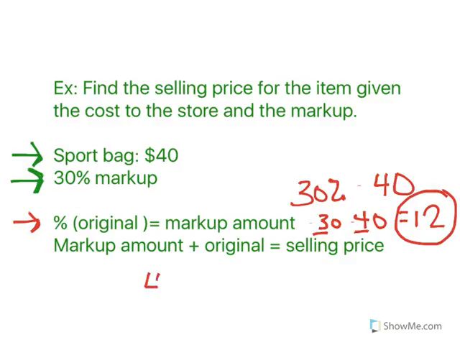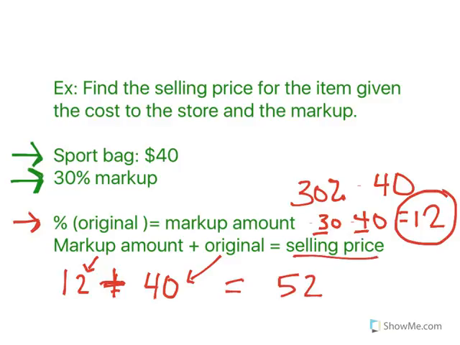So then we're going to take the $40 bag, that's my original, and I'm going to add that $12 markup amount. So that $12 markup amount plus the $40 original is going to get my selling price of $52. So the $40 bag to the store is now charging us, the consumer, $52 in order for that store to make money.